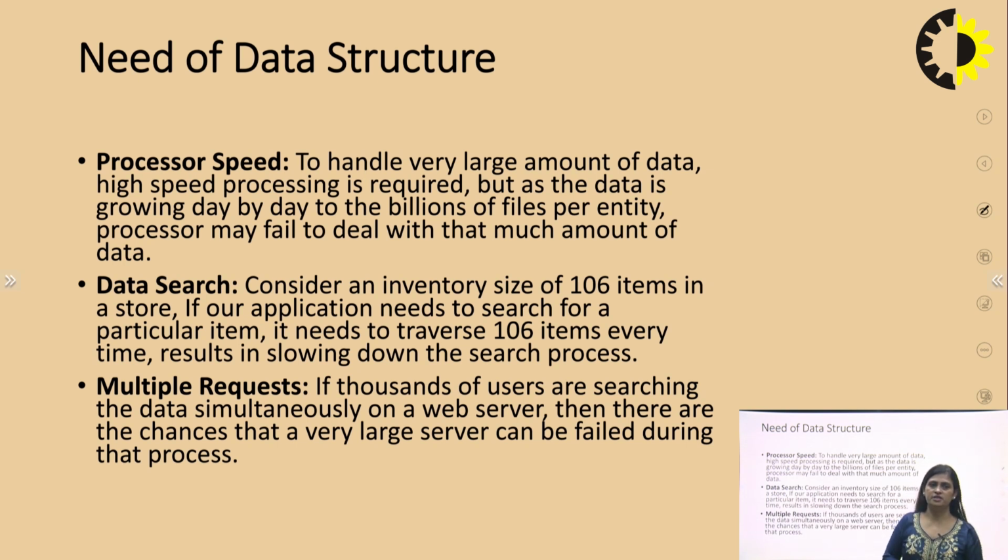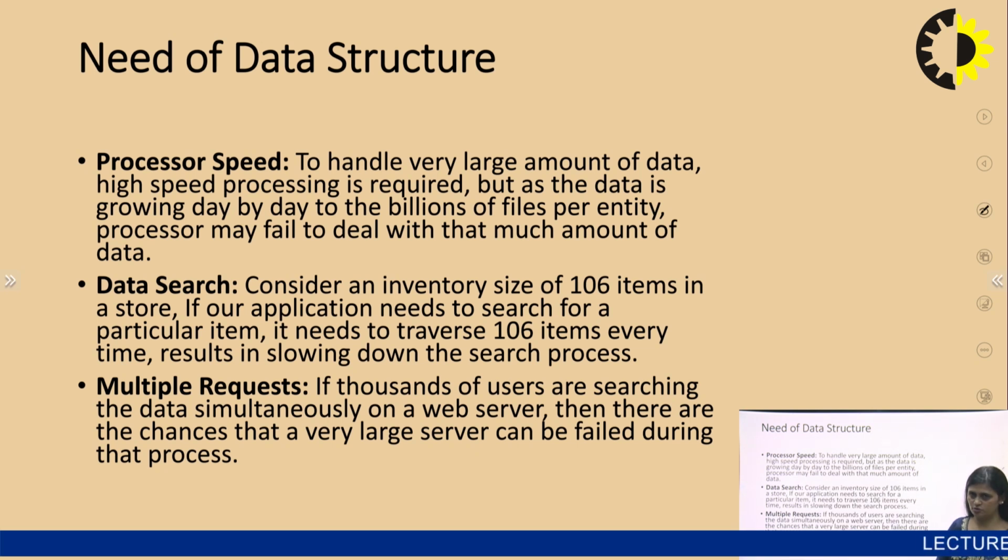Consider an inventory of size 10^6 items in a store. If our application needs to search for a particular item, it needs to traverse 10^6 items every time, resulting in slowing down the search process. Third, multiple requests. If thousands of users are searching the data simultaneously on a web server, there is a chance that a very large server can be filled during this process.